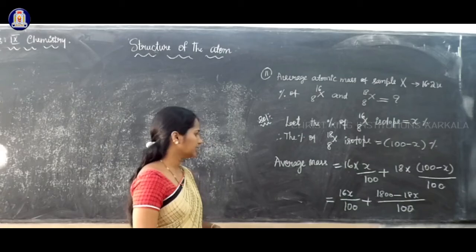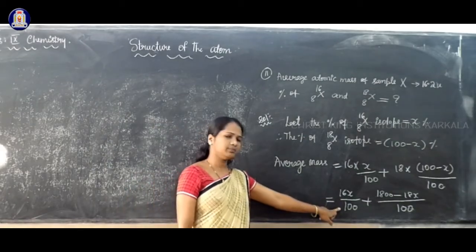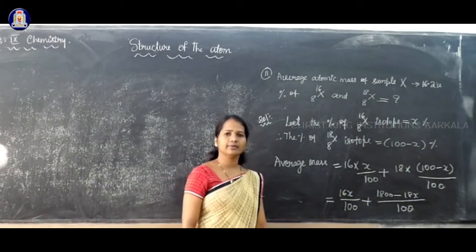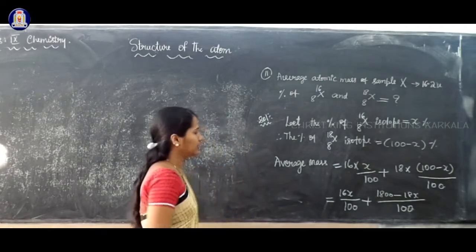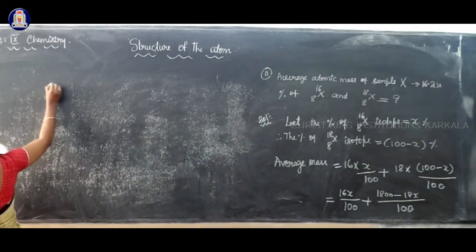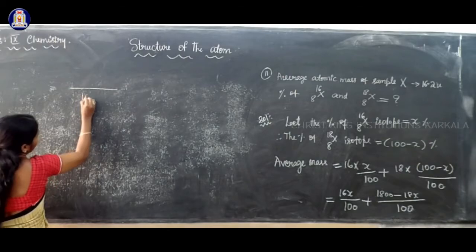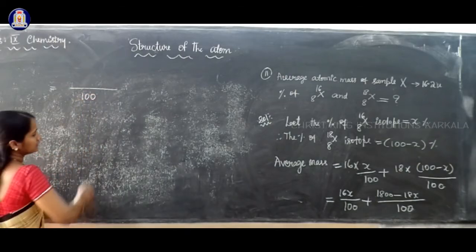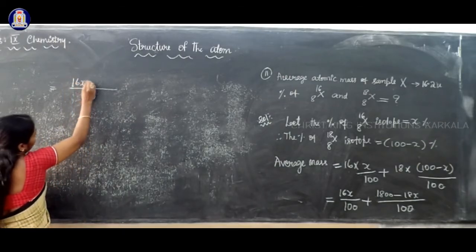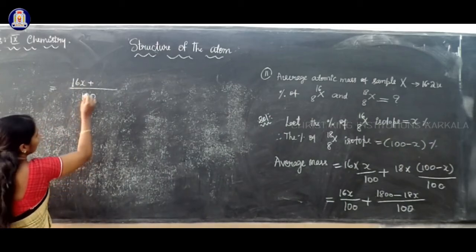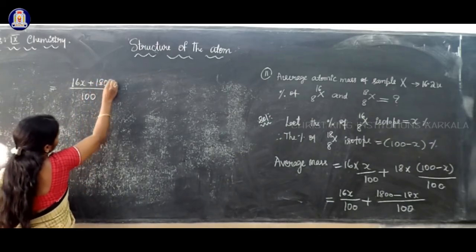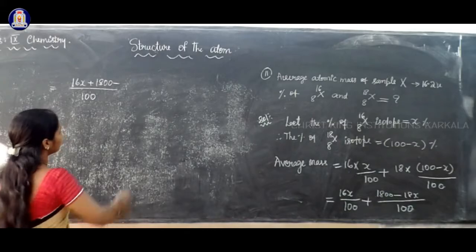The denominator is the same, 100. Numerator is 16x plus 1800 minus 18x.